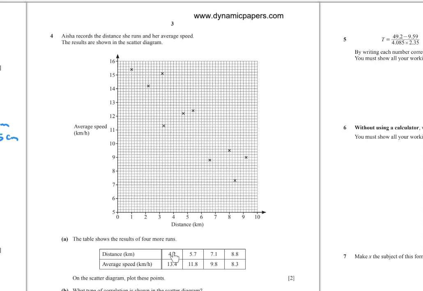The first point is 4.2, 13.4. Each small square represents 0.2, so this is 4.2 and this is 13.4. Now this is the first point.